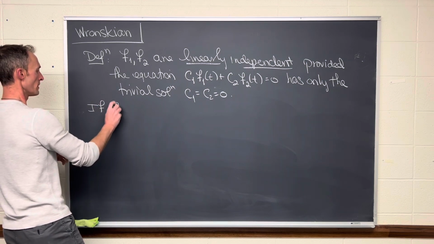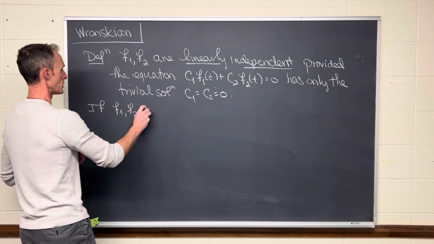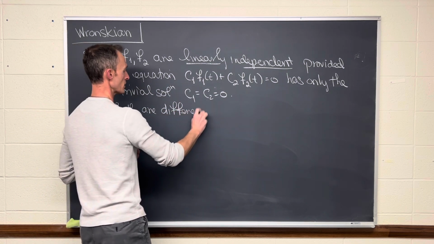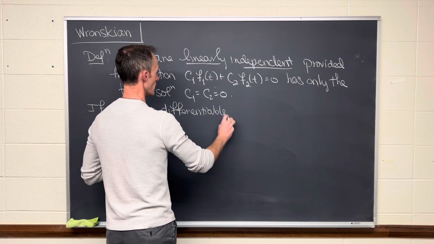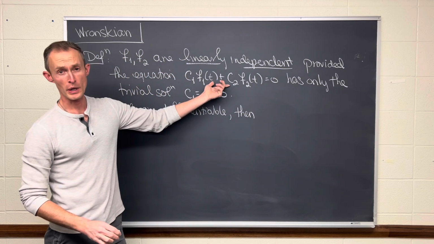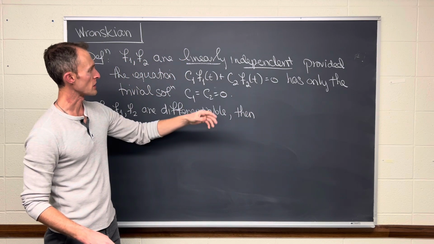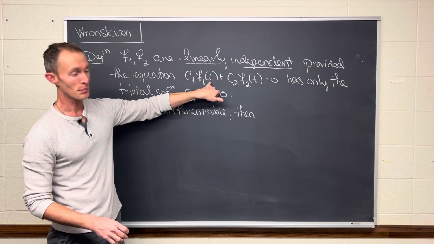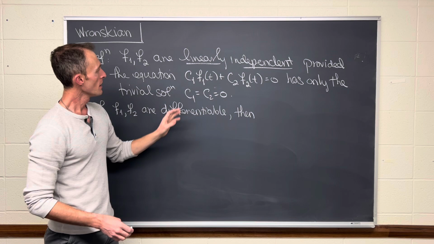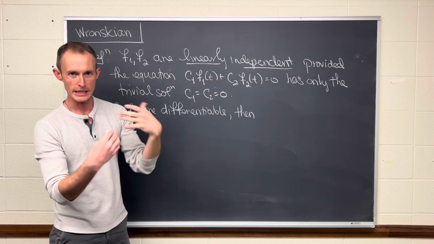If f1 and f2 are differentiable, just meaning their derivative exists, then I can turn this into two equations. I'm going to omit putting the parentheses of t, just to simplify notation a little bit, but technically f1 is a function of t.